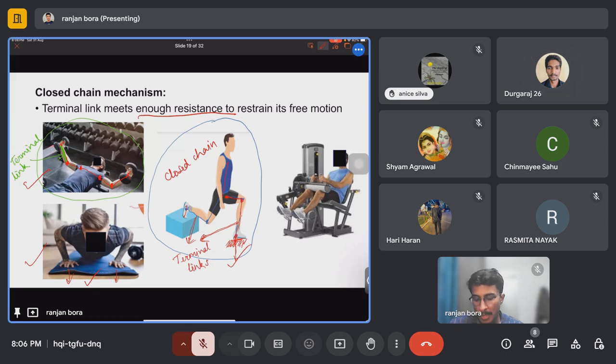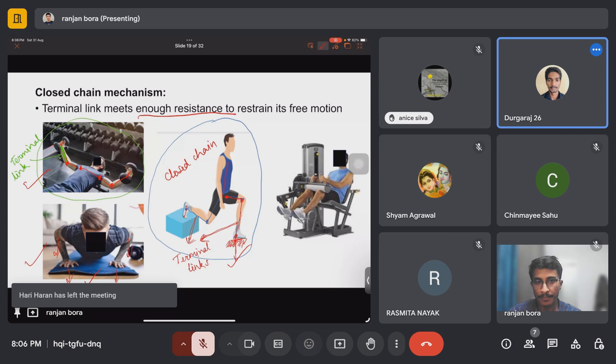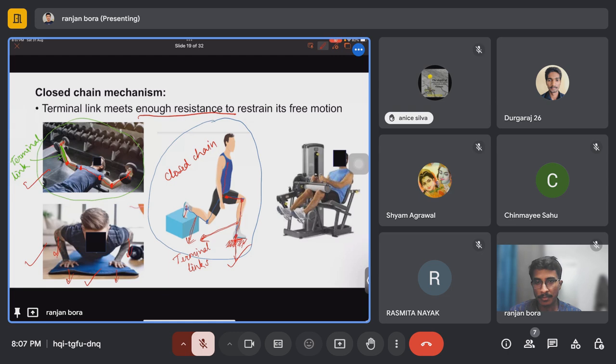But will the shoulder and chest go beyond this point? Then also it can't go, no? It can't, while going up or while coming down. Coming down, no, it can. If it goes down, then it will lie down. It can't go. So there is some constraint. So it is also an example of closed chain.